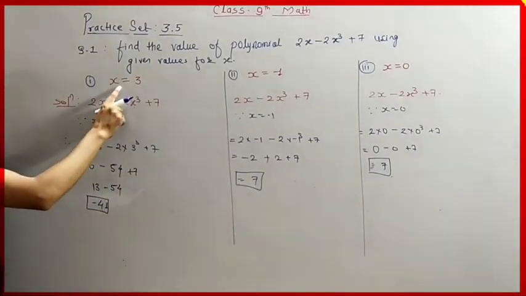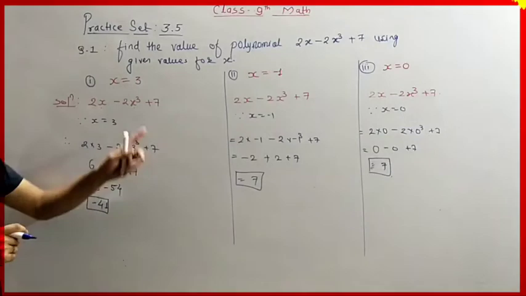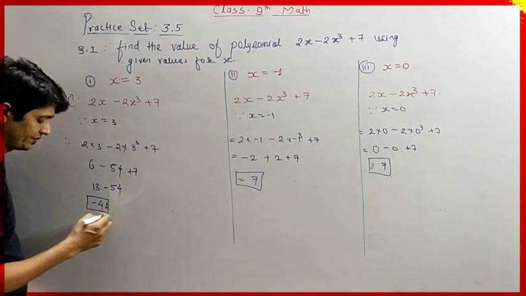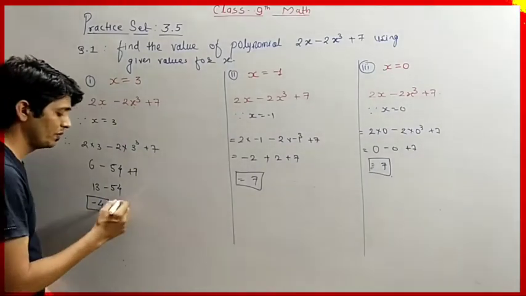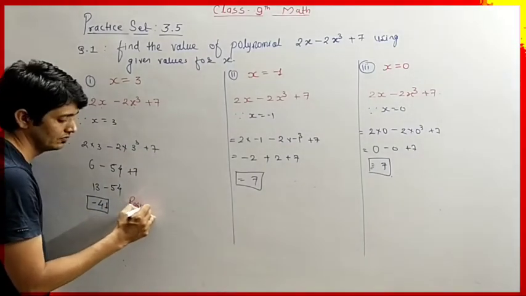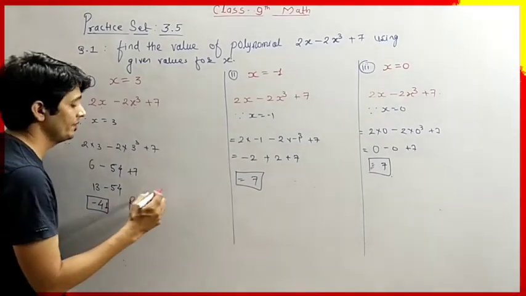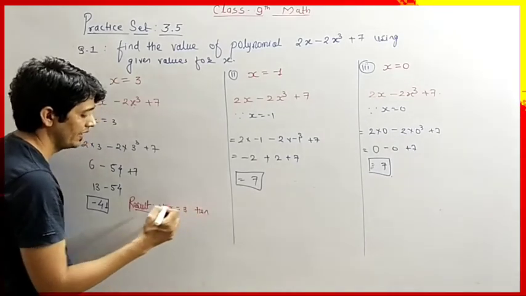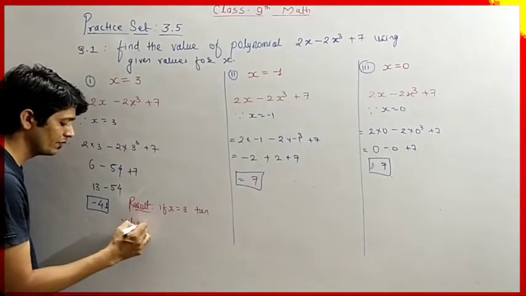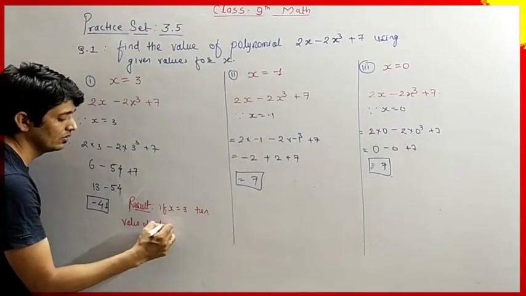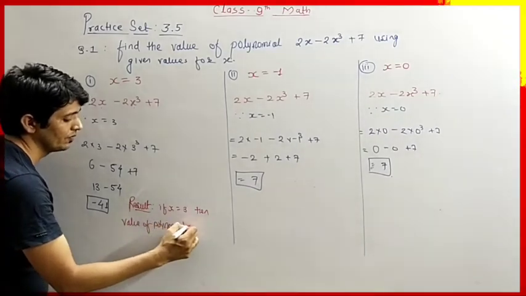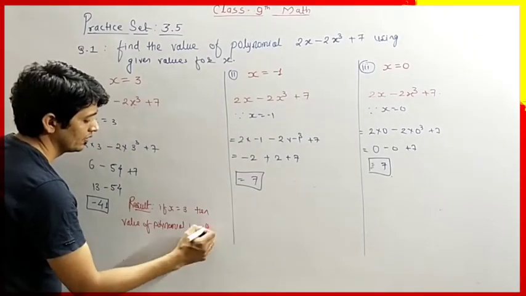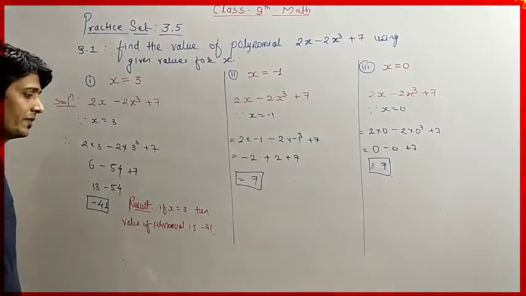If x equals 3, then the value of the polynomial is minus 41. We have to write the result also. So the result will be: if x equals 3, then the value of the polynomial is minus or negative 41.